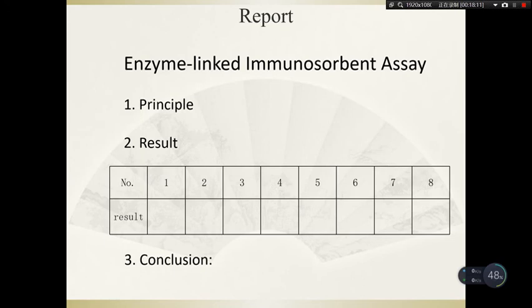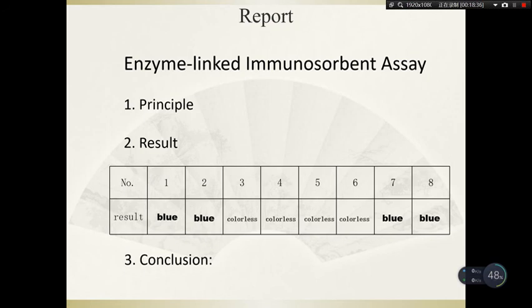In the demonstration, we can see the color of the positive and the sample is blue. So we write blue here. And the color of the negative and the blank is colorless. It means the sample gave a positive result.